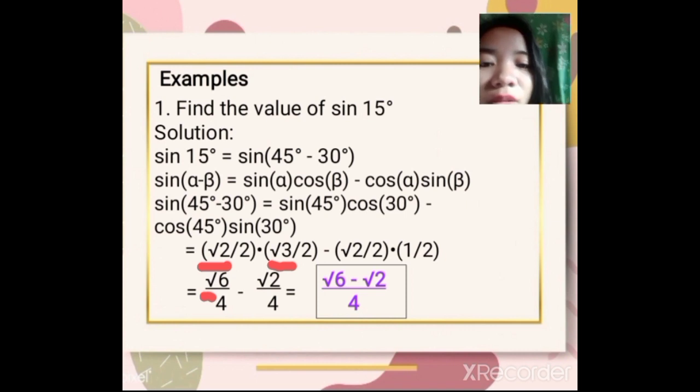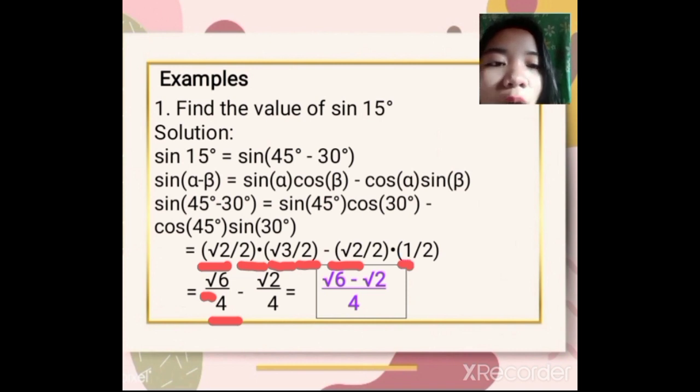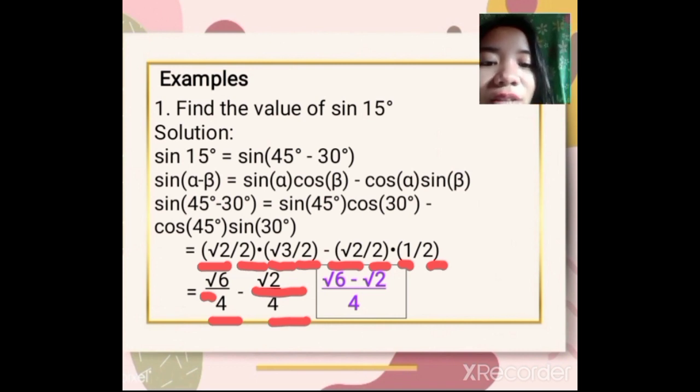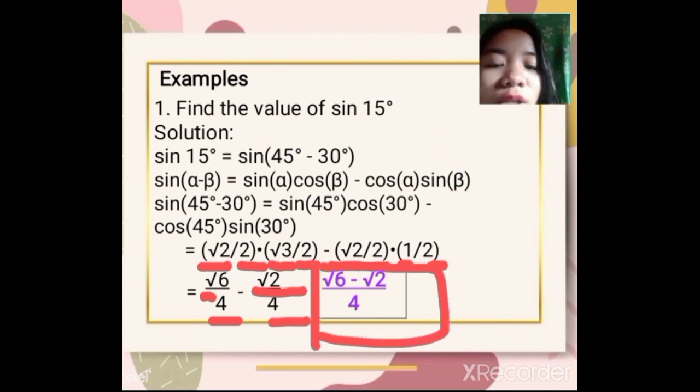Then 2 times 2 is equal to 4. Then square root of 2 times 1, we have square root of 2. Then 2 times 2, we have 4. So we have square root of 6 over 4 minus square root of 2 over 4. So our final answer is square root of 6 minus square root of 2 over 4.